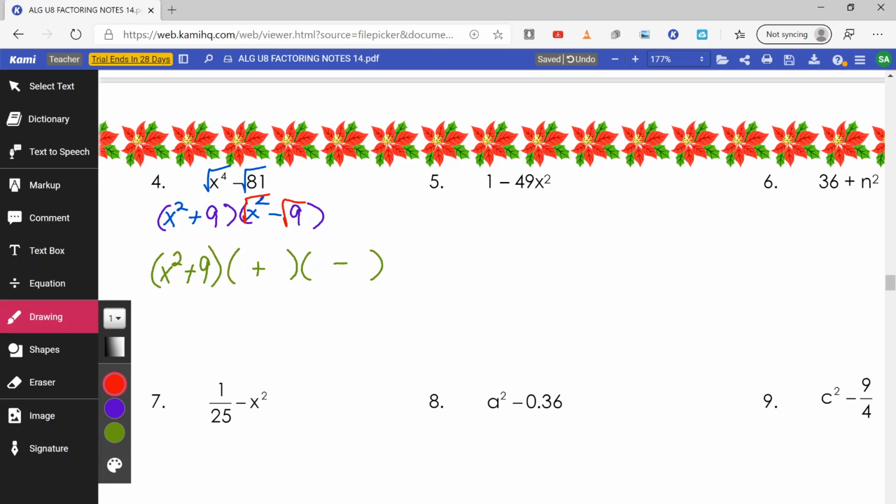So x squared, square root of x squared, again, we cut 2 in half, so 2 divided by 2 is just 1. So we have x. And then square root of 9, we saw in problems 2 and 3, that square root of 9 is 3. So we get x squared plus 9 times x plus 3 times x minus 3.